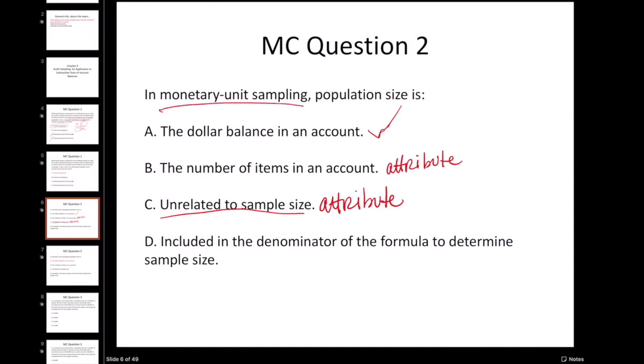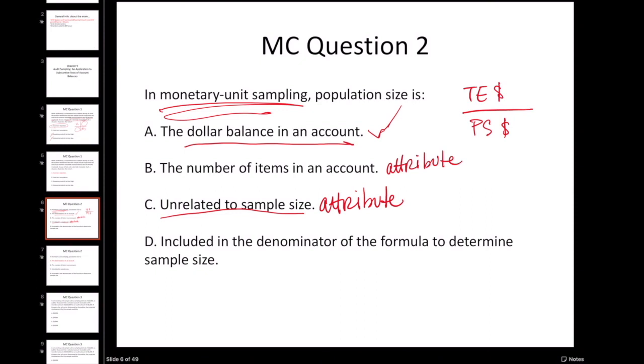Even though we use the sample size tables for MUS sampling, if you think about it, when we're calculating the tolerable error rate and the expected error rate, we are still using the dollar balance. We have a tolerable error in dollars and a population size in dollars, and we're using those things to come up with the tolerable error rate that we then plug into the table.